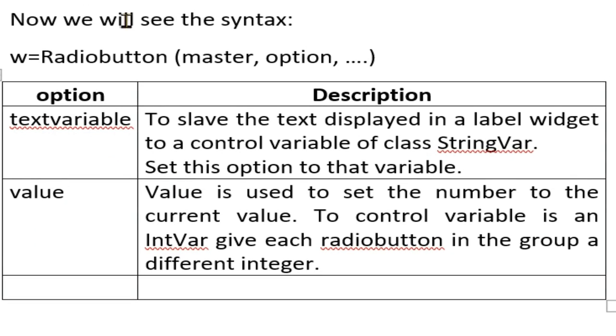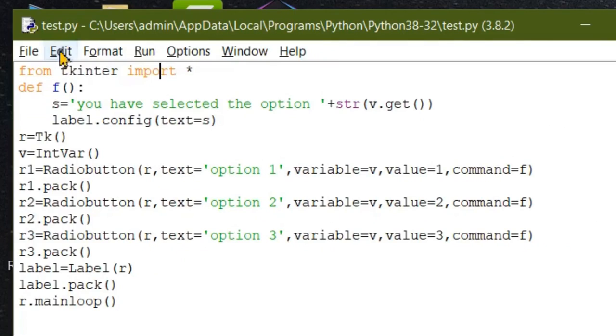Okay, and we will see this as a simple Python program. Now let's go. Here you can see I have imported tkinter as star, and then I have defined a function f. Inside f I have used a variable s, that is you have selected the option, string of v dot get.